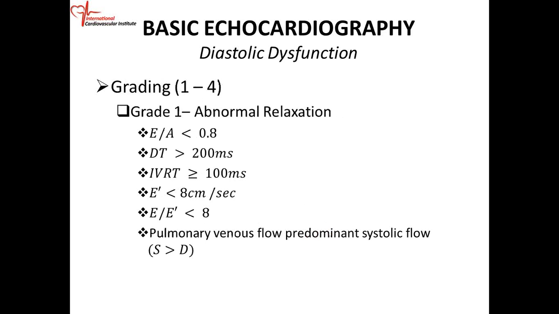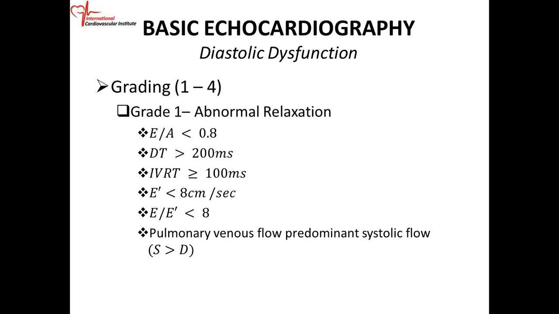All right. So let's go over the normal. What's normal? Remember, in a normal individual, the E is greater than the A. Remember, the deceleration time is more than 250 milliseconds, and the IVRT is between 60 and 90 milliseconds.